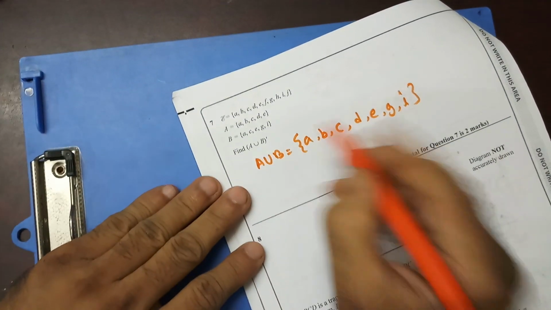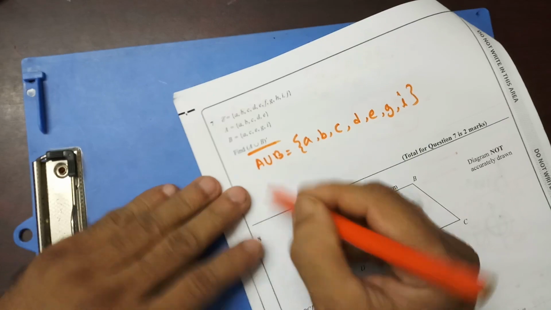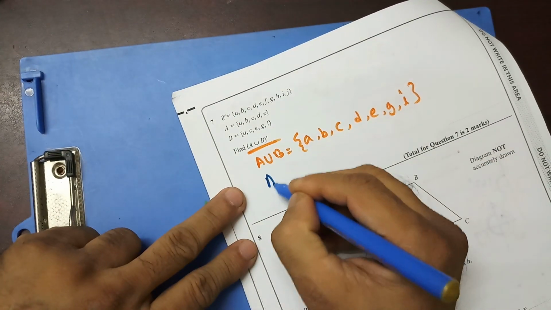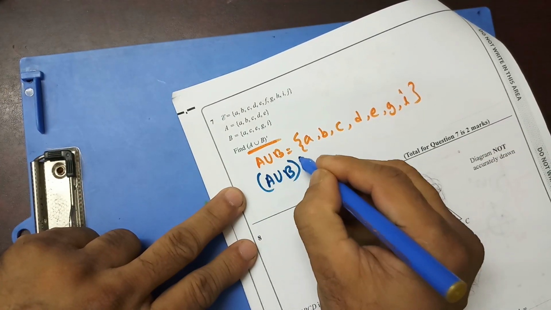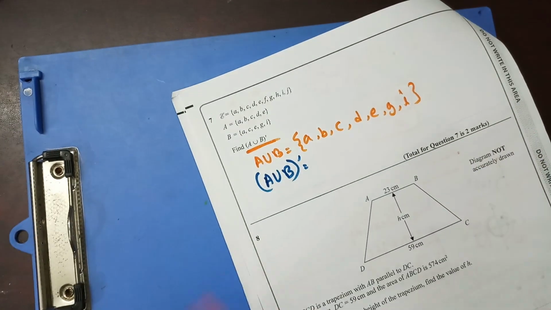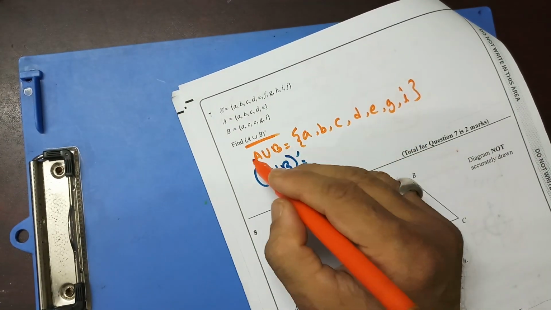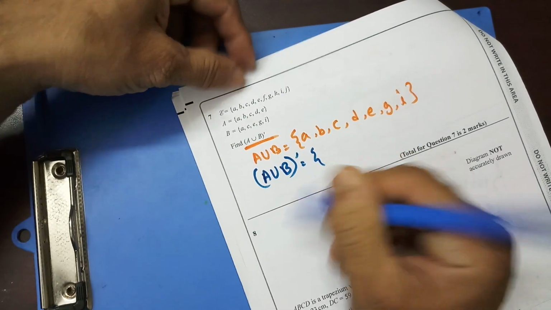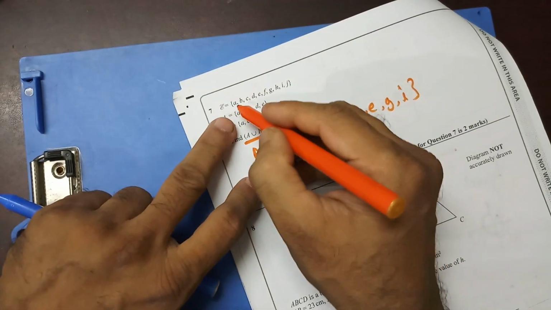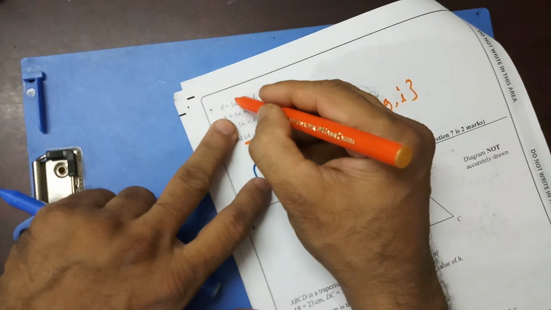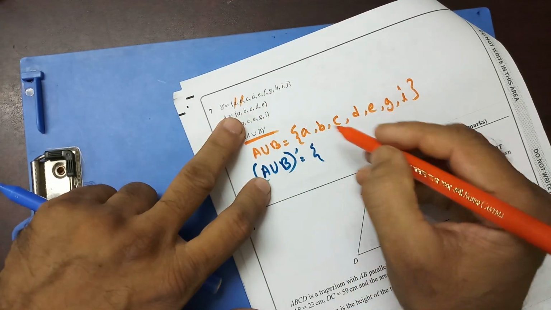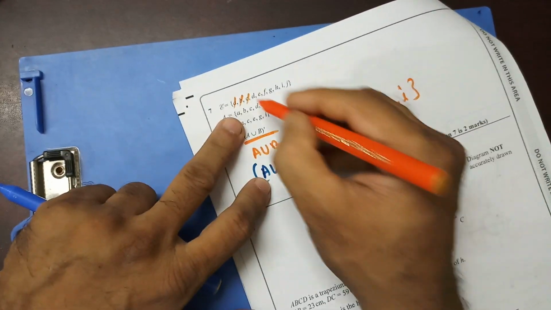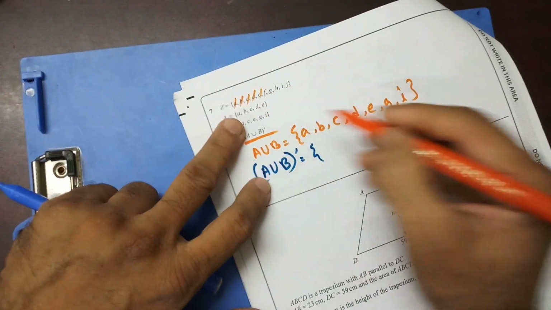Okay, but this is not what we are looking at. We are looking at A union B prime, or complement of this. That means the elements that don't belong in A union B. So what are those? I'm going to compare from here and here. See, there is A, so this A is gone, B is gone, C is gone, D is gone, E is gone.